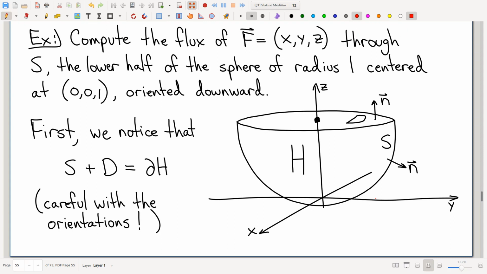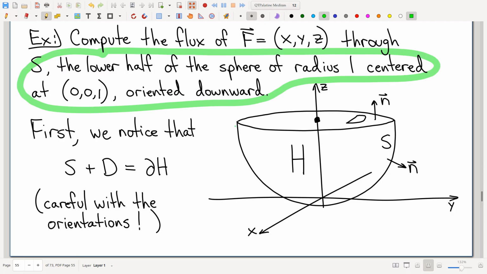Let's suppose that we are interested in computing a flux through, back to highlighter mode, this surface here. Now again, be extra sure to carefully read and correctly interpret what the surface is.